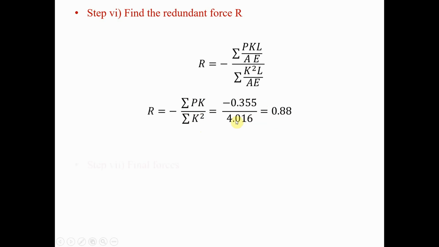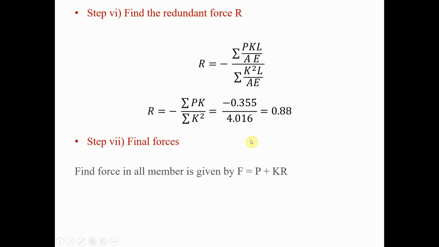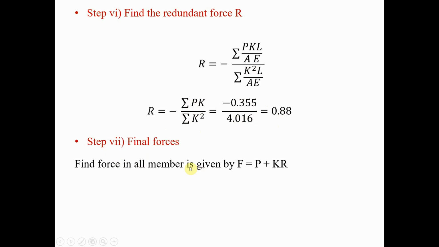We get the final forces by multiplying the K forces with this redundant force, so all the forces in the members are given by F is equal to P plus KR. We multiply this redundant force with the K forces. This is the redundant force correcting factor.